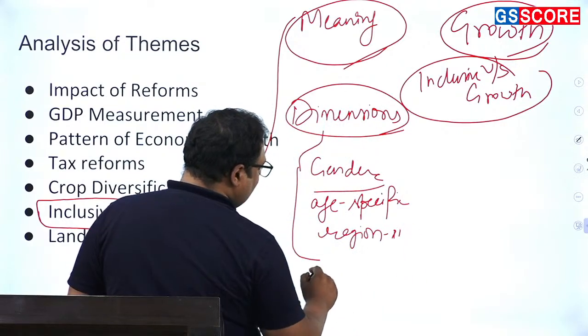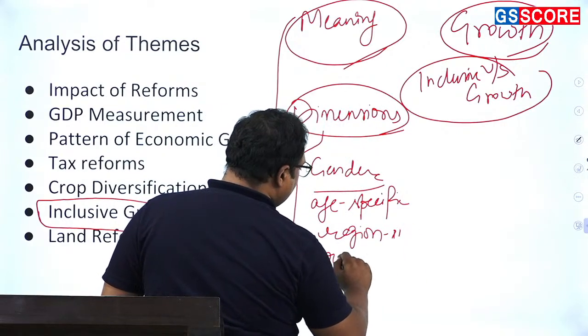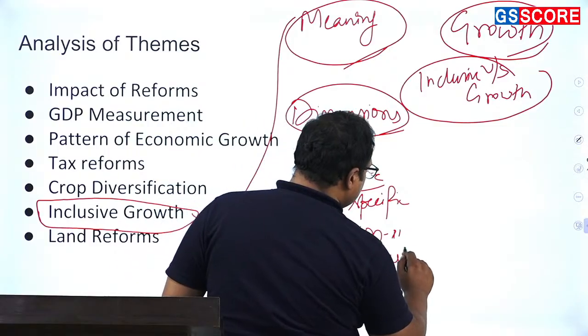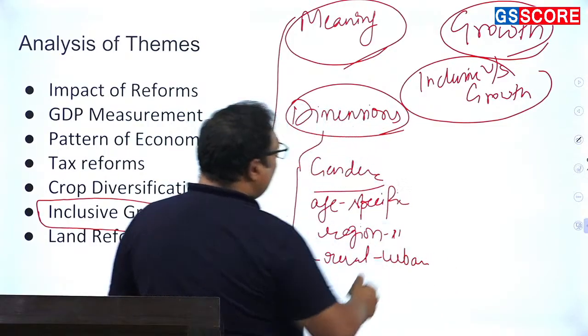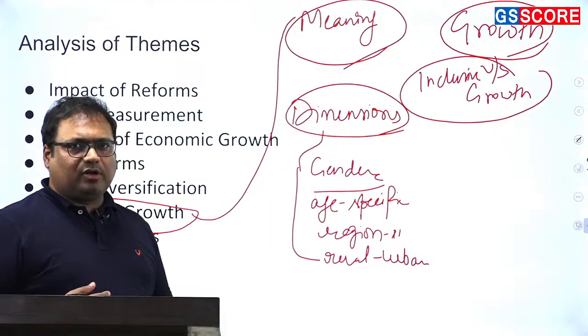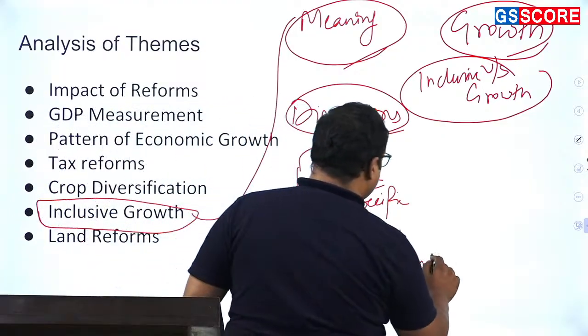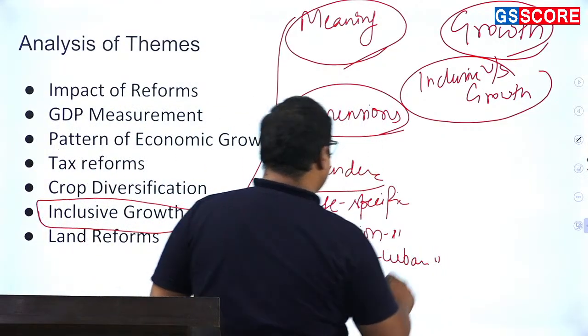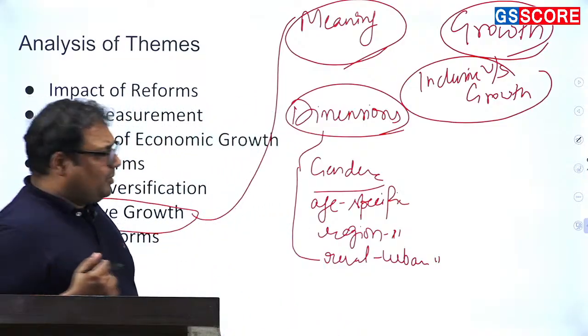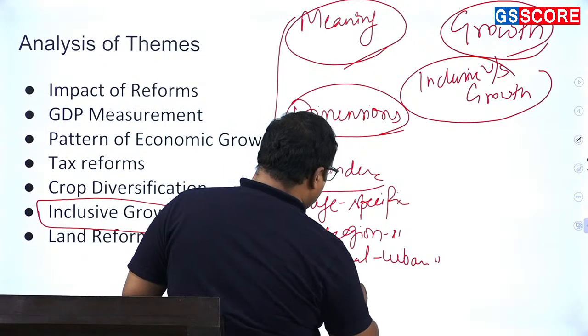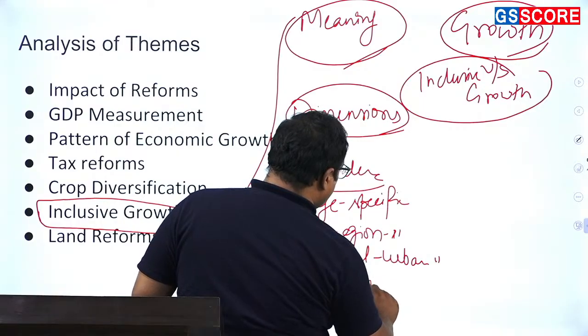Then the rural-urban issue: urban areas get the benefit of growth, while rural areas are not getting the benefits. Then it can be religion specific. People of certain religions are remaining behind in the economic growth process.